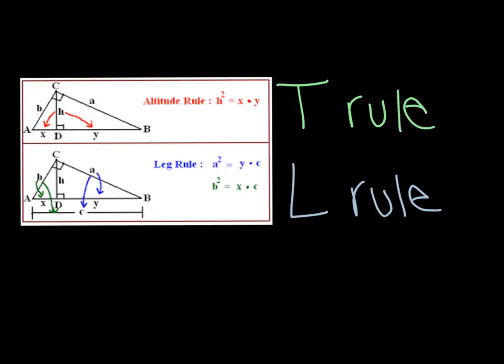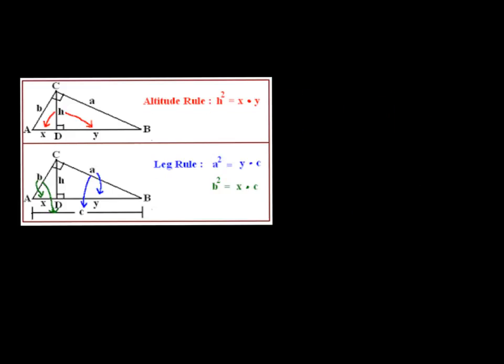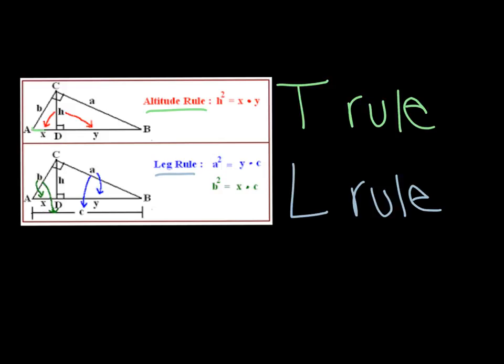So here I have the T rule and the L rule, also known as the altitude rule or the leg rule. So basically we're going to start with the T rule, which is going to be x over h, and then h over y. I'll draw it out, x over h, and then h over y.